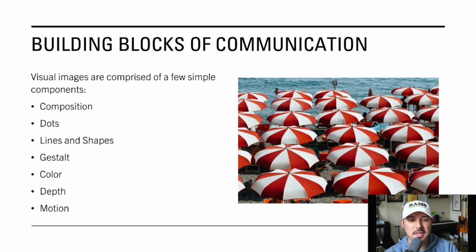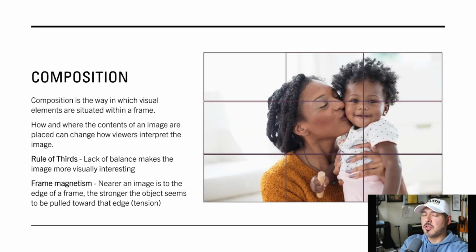It might not be what you think of as a vibrant color, but that is a color. And then other things that we perceive from images, even still images, is depth and motion. So really all visual images have some element of this, or the absence of some of these elements that in itself communicate something visually. So number one, let's talk about composition.